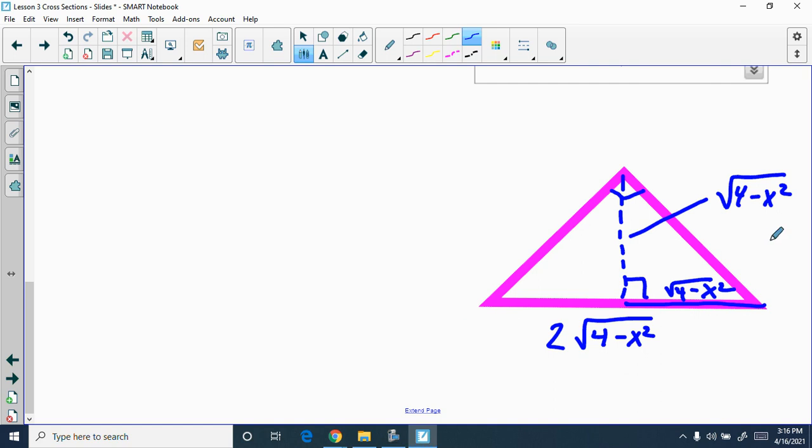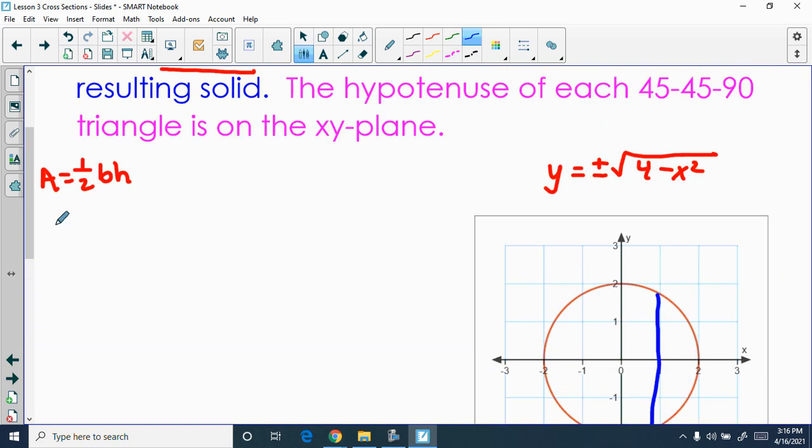So now we've got the height and we've got our base. So I'm going to come up here and write those out. We know that the base is 2 times the square root of 4 minus x squared. We know the height is just the square root of 4 minus x squared.